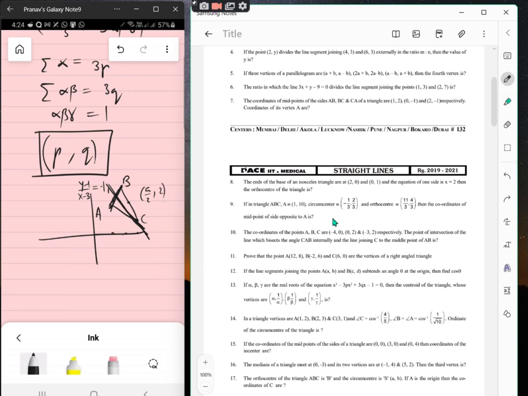Okay, let's find the perpendicular bisector. BC has slope 2 upon -1, which is -2. So this slope should be 1 upon 2. So it's y minus 2 upon x minus 5 upon 2 equal to -1 upon 2.